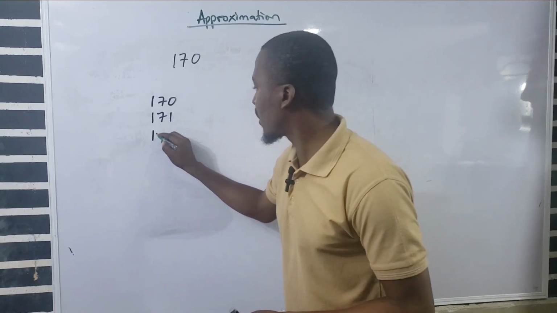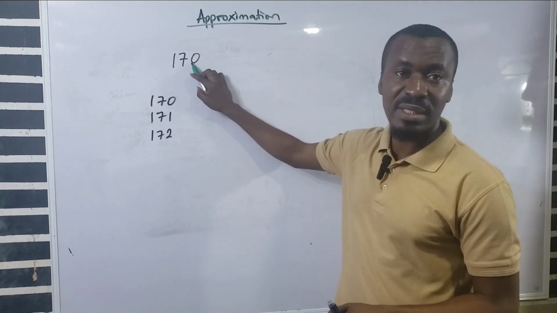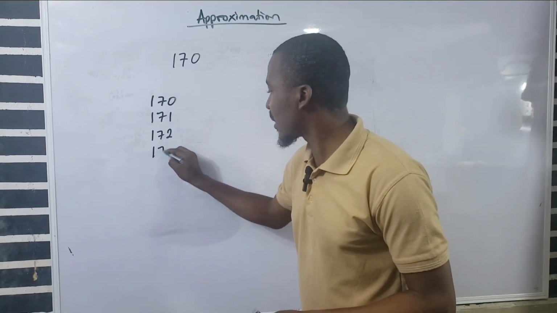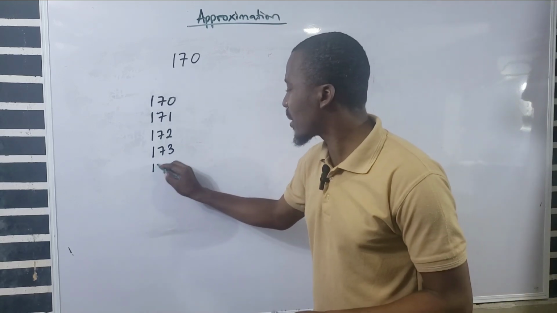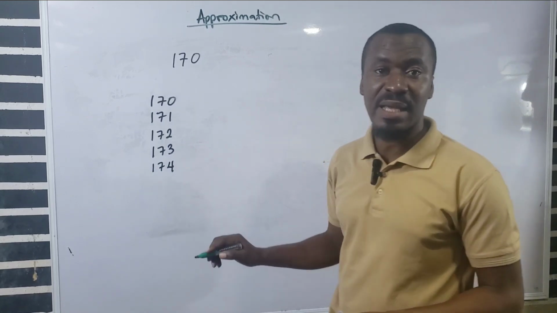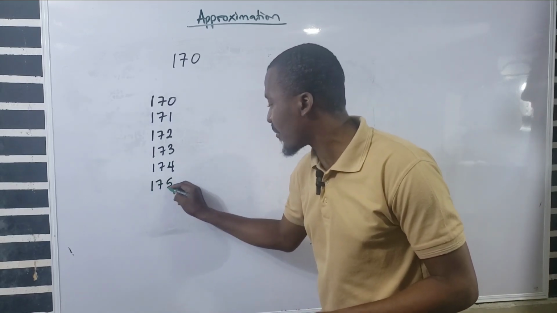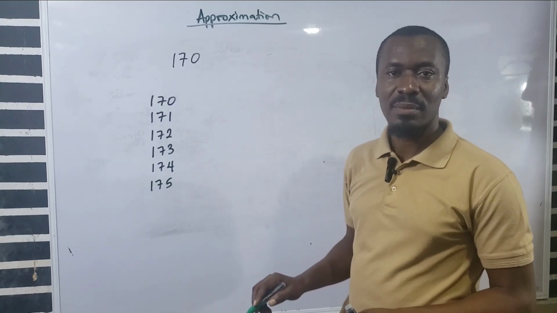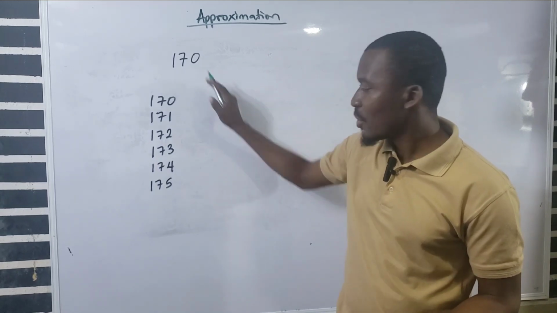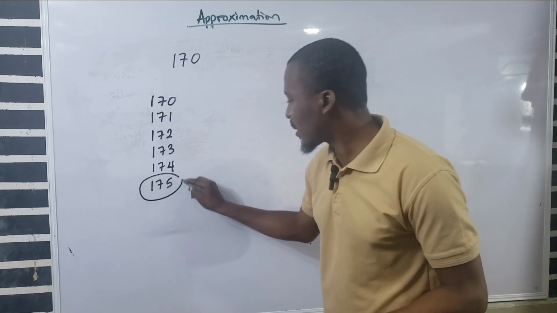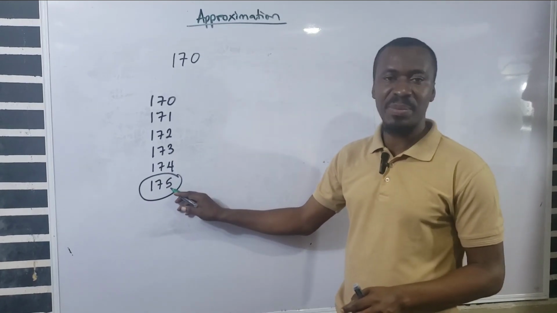If we have 172, 173, 174 to the nearest tens, it will give us this. And if we have 175, it will not give us this to the nearest tens. So this is the limit. This is the highest we can get to, but this is the limit.